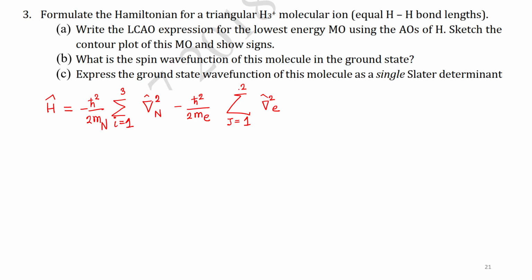Now comes the potential energy terms. In potential energy terms, there could be attractive potential and repulsive potential terms. First, let us write the attractive potential, the things related to the electrons.